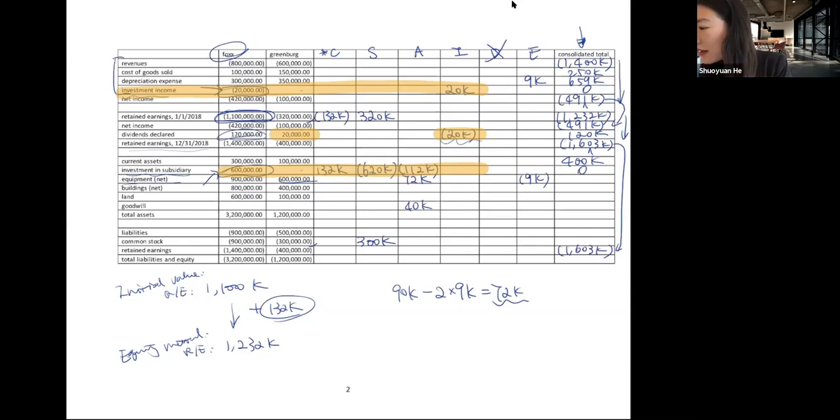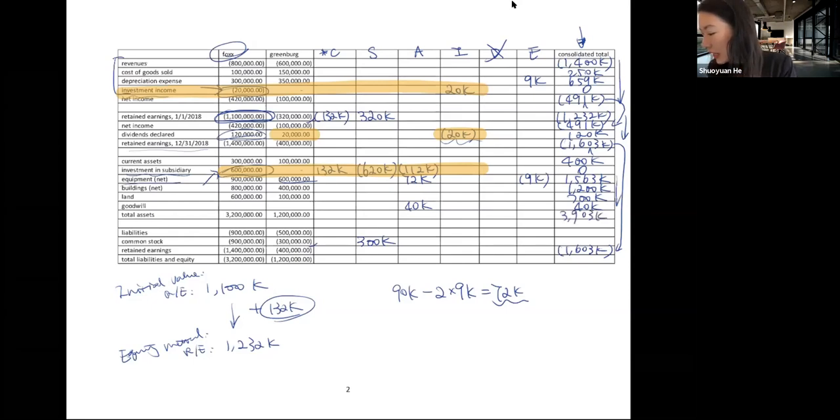Equipment adds up to 1.563 million. Buildings is 1.2 million. Land is 700,000. Goodwill is 40,000. And then if you add everything up, your total asset would be 3.903 million.